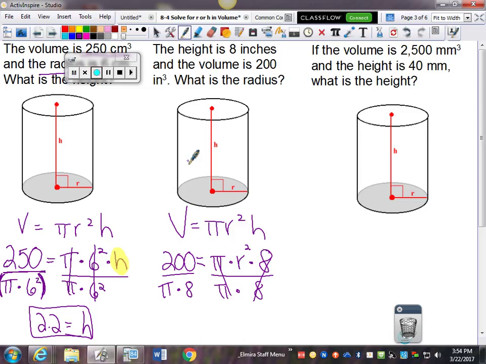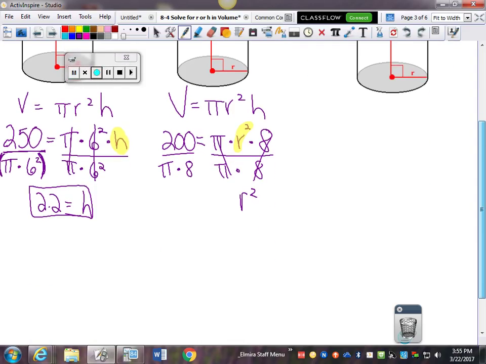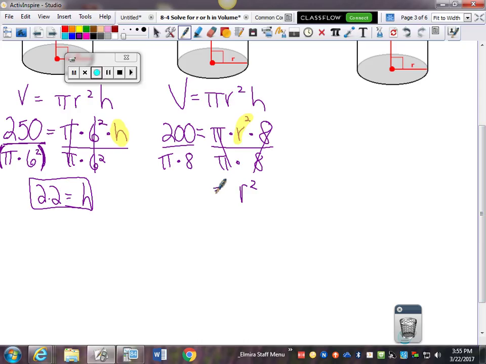But I'm bringing down r squared. I'm going to move that up a little bit. Again, draw the parentheses on here as a visual reminder that you have to type them.